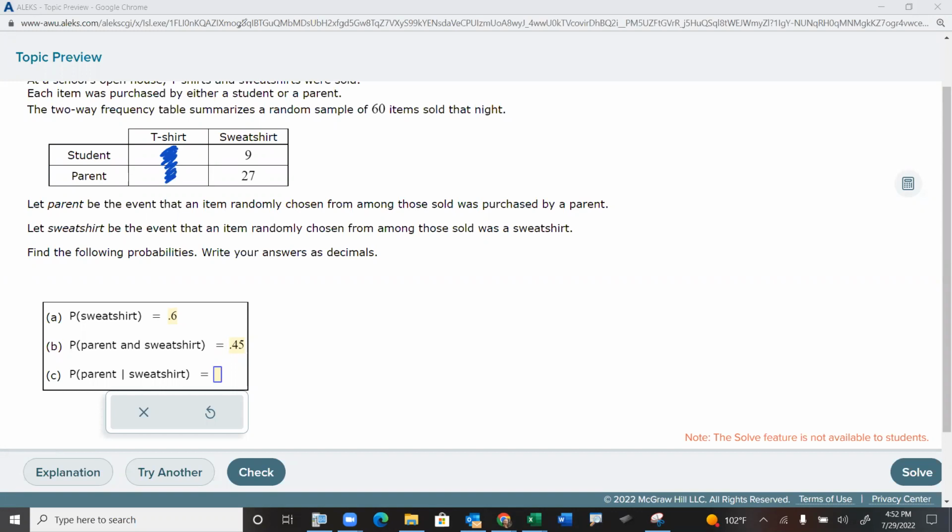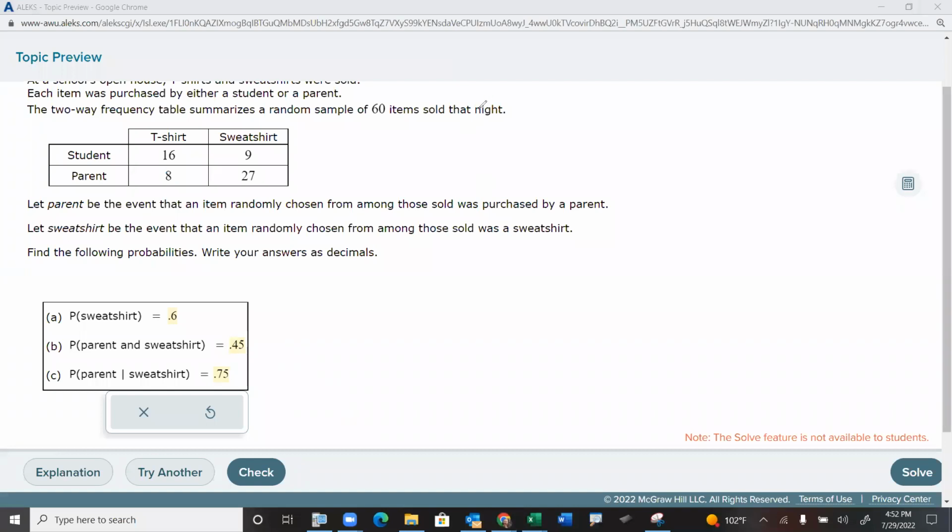So we're only looking now at these 36 people, 9 plus 27. And let's see, how many of them are parents? 27. And that is 75%.